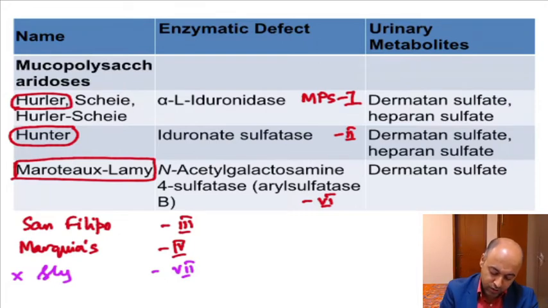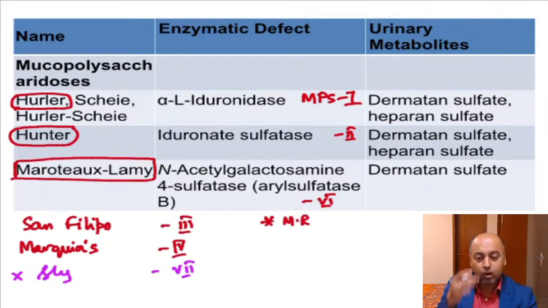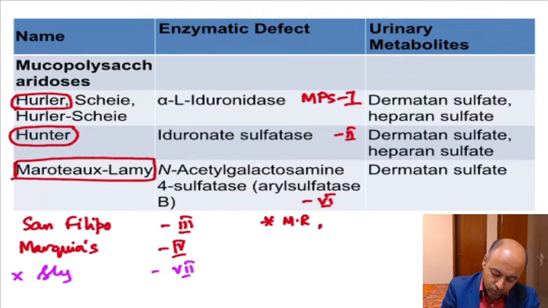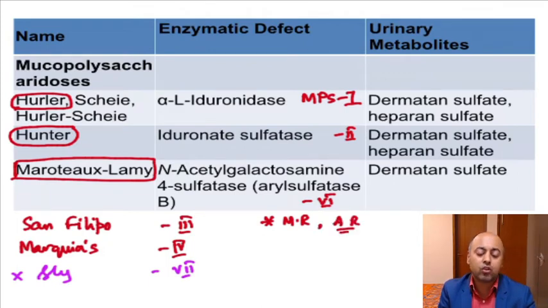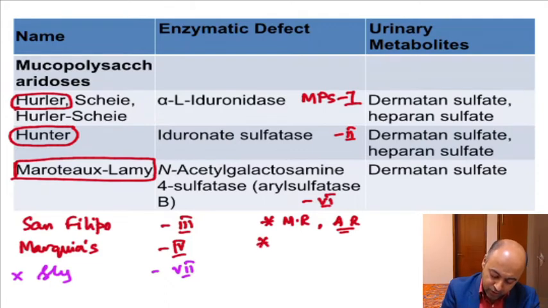For MPS, what are the common features? Common features will be mental retardation, autosomal recessive inheritance, and a very prominent feature, that is corneal clouding.